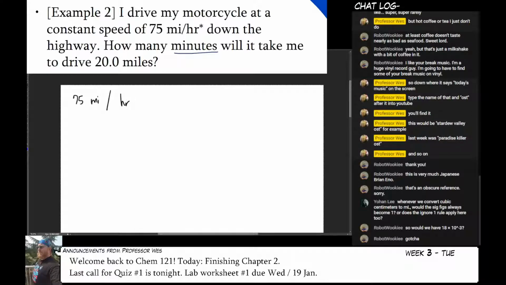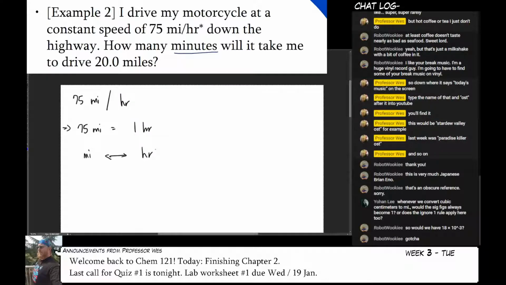What that means is that I would drive 75 miles in 1 hour, right? Or in other words, if I know how many miles I can drive, I know how many hours it will take me to do that, right?